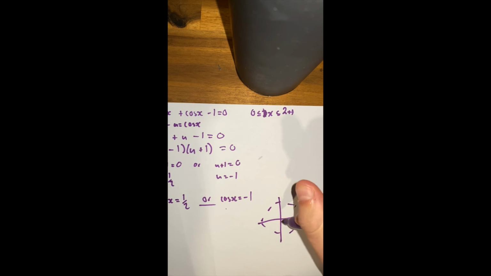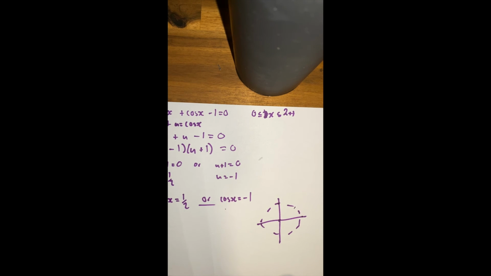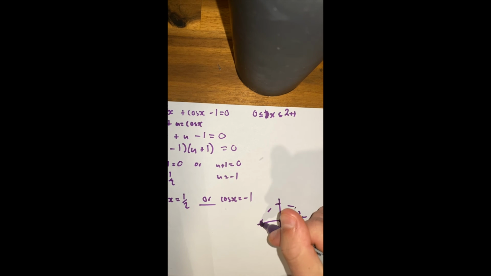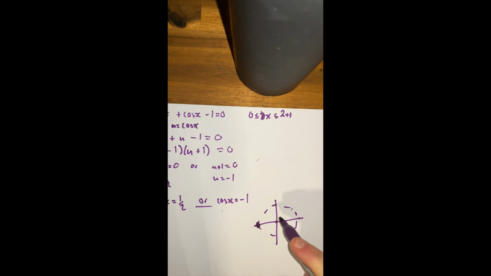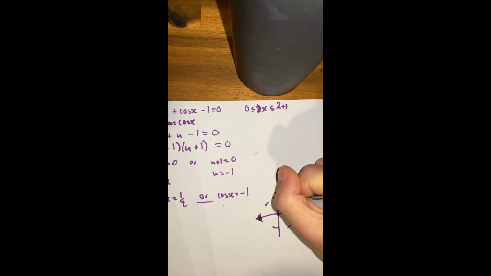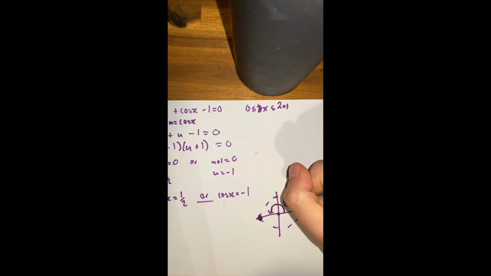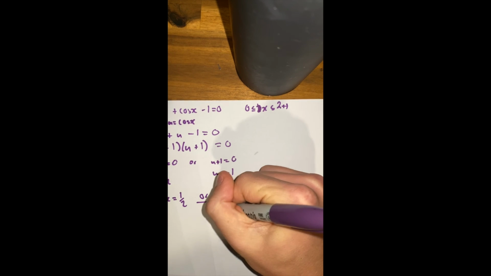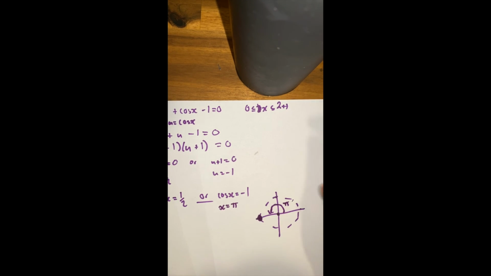So if the circle is 1 unit in each direction, there's only going to be one place where the x coordinate is equal to -1, and that's here. As you can see, it's moved -1 from the origin to the circle. So that value from all the way around to there is pi radians. And therefore x can equal pi.